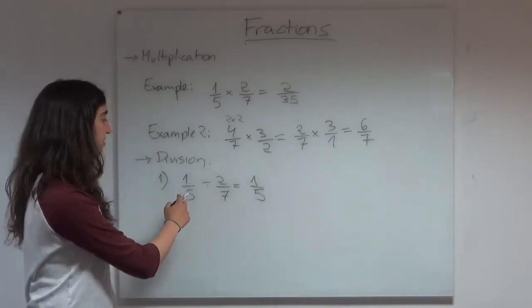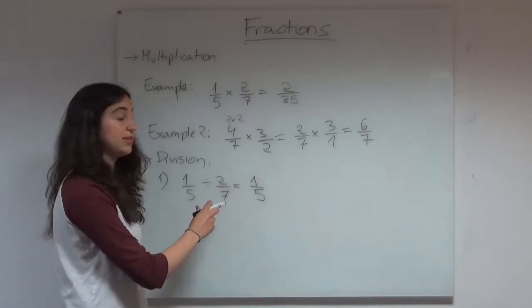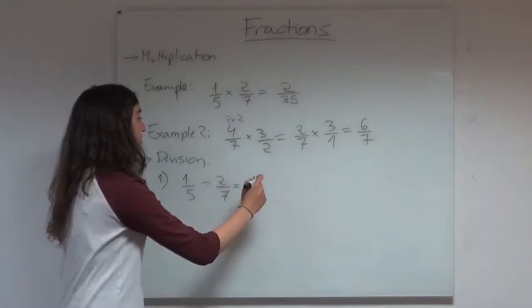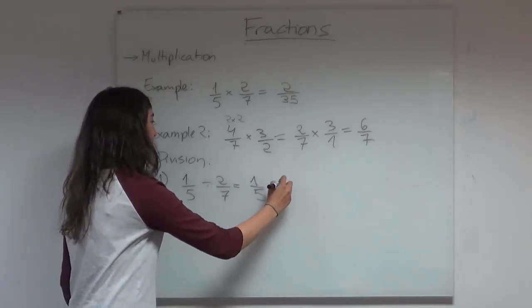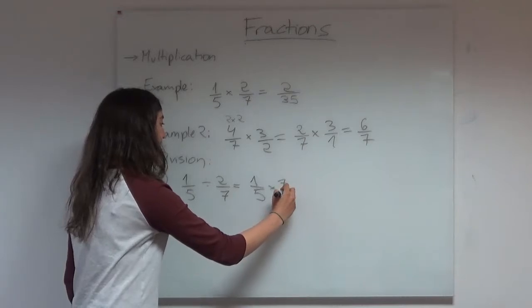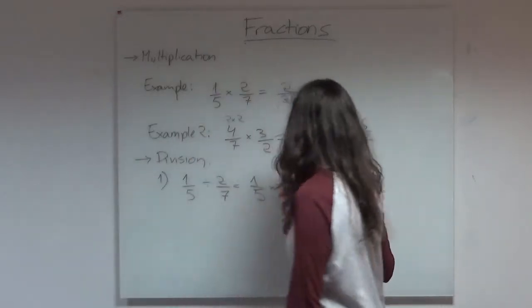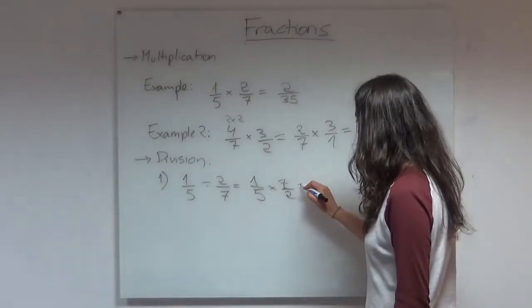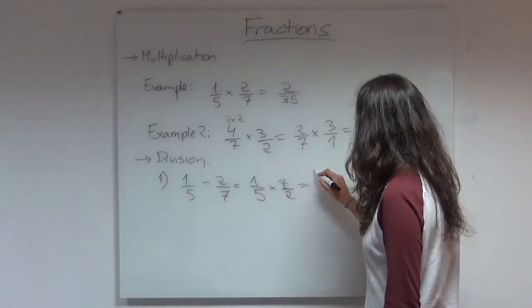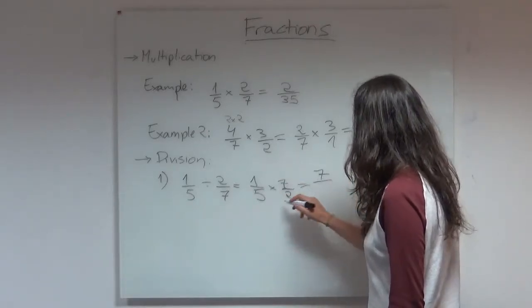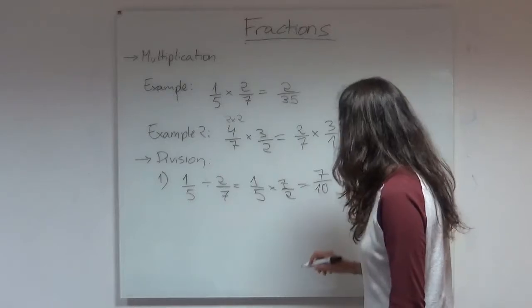So instead of having 1 over 5 divided by 2 over 7, we have a fifth times 7 over 2. And then you just multiply this as before. So it will be 1 times 7 is equal to 7, and then 5 times 2 is equal to 10.